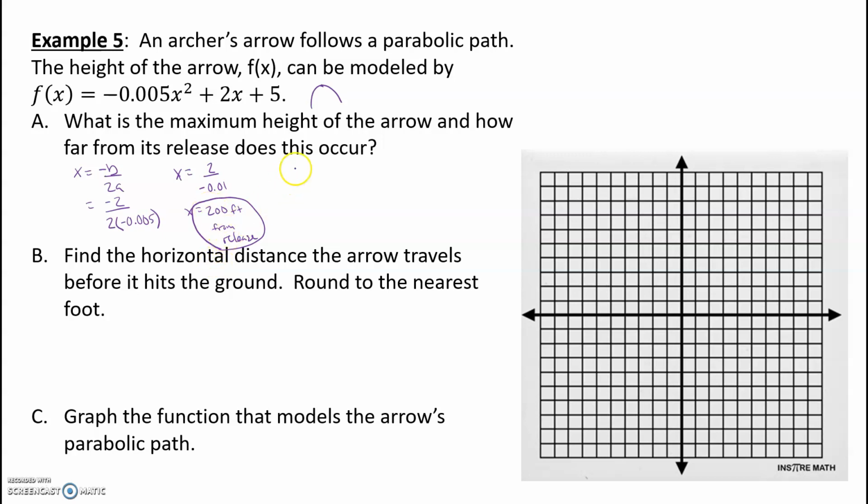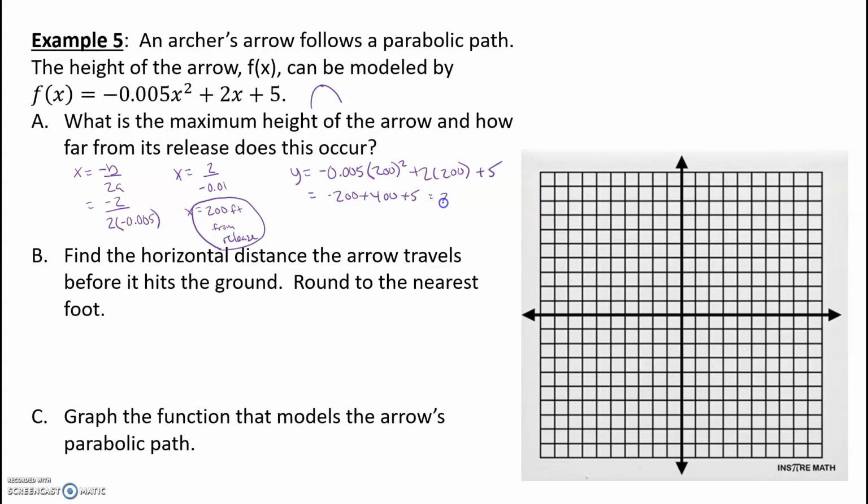So let's plug it in and find out what that maximum height is. So we have y equals negative 0.005 times 200 squared, plus 2 times 200, plus 5. We're definitely going to use calculators here. 200 squared times this gets me negative 200, plus 400, plus 5.